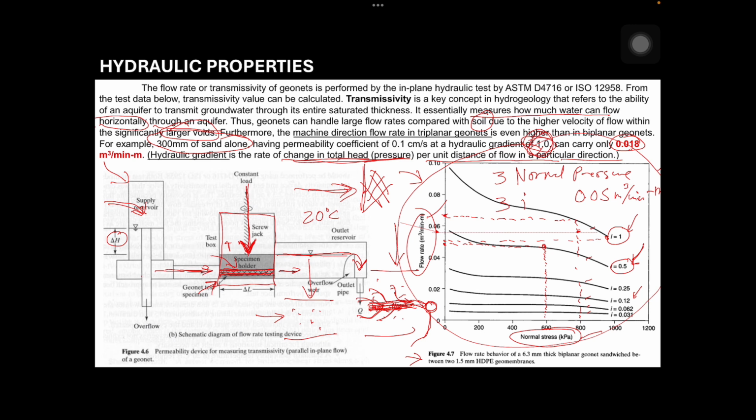So, it is higher, almost 4 times, or 3 times compared to soil alone. So, drainage is slow when it is soil alone, right?